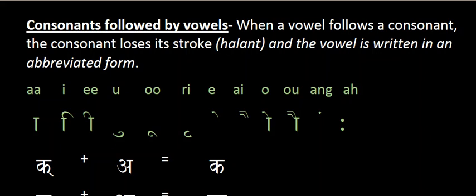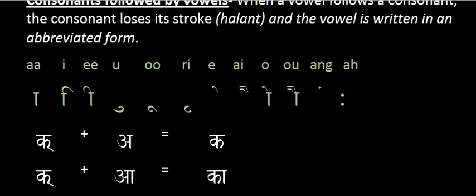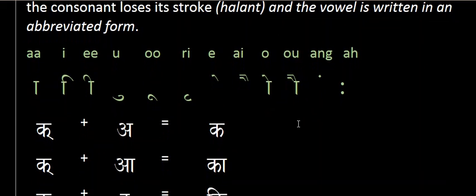I'm going to show you how to write them out, and then you'll be able to take these vowel signs and combine them with all of the other consonants, because it pretty much goes the same exact way. The example I have below here is k.